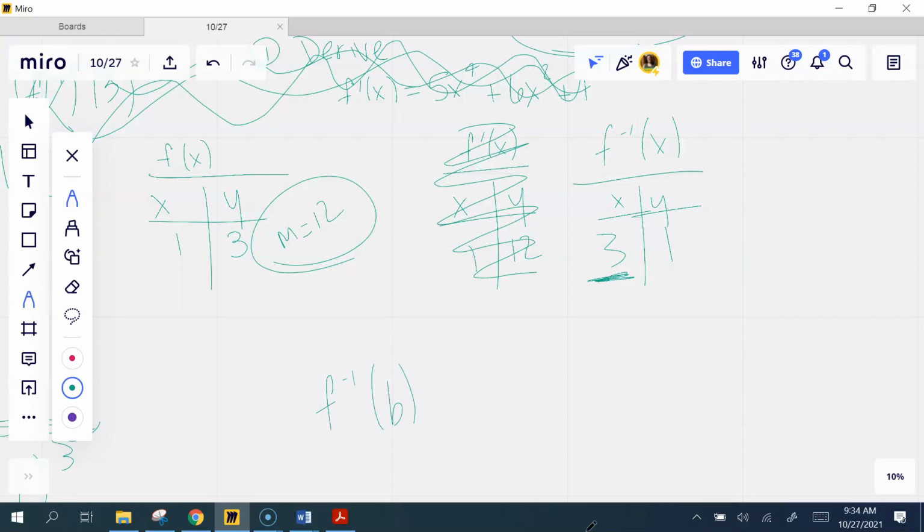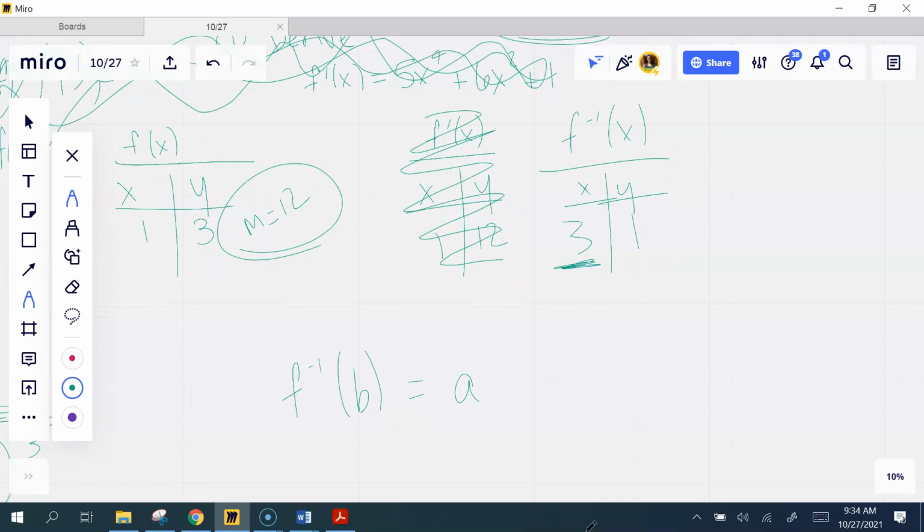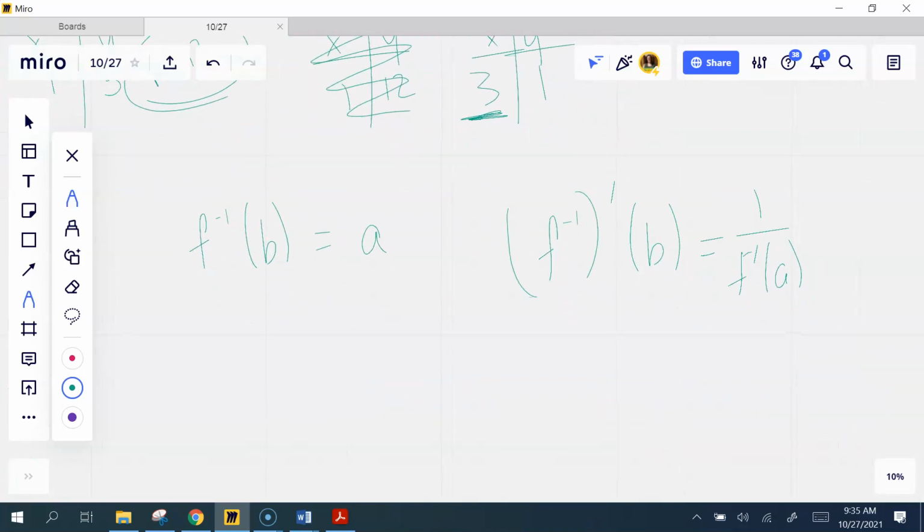If the inverse at B is A, then the derivative of the inverse at this point is the same thing as the flip of, this is actually the y coordinate of, this is a point, this point is BA, right?